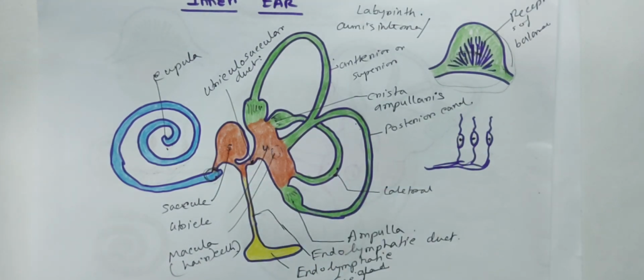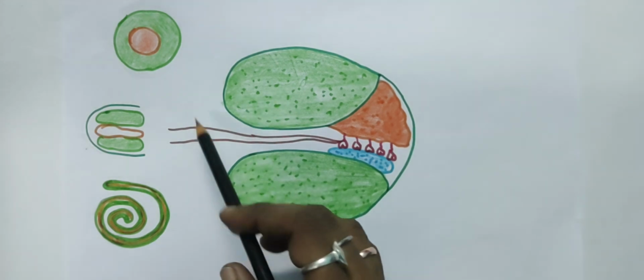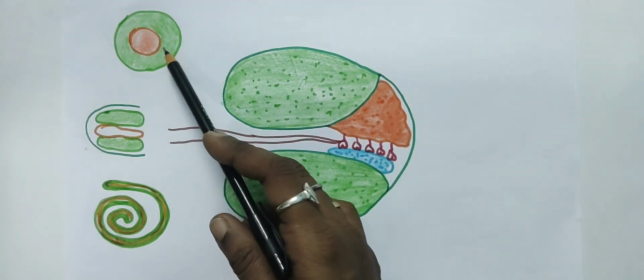So if you cross section the cochlea, it looks like that.